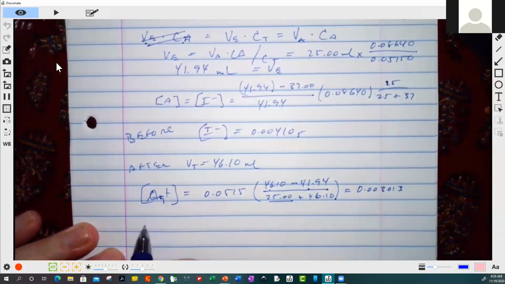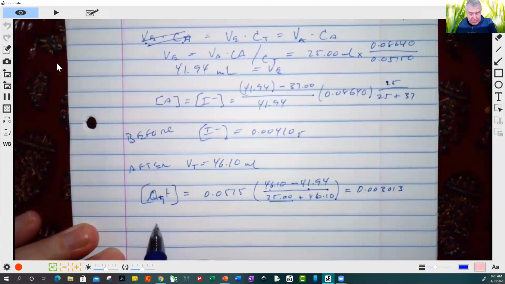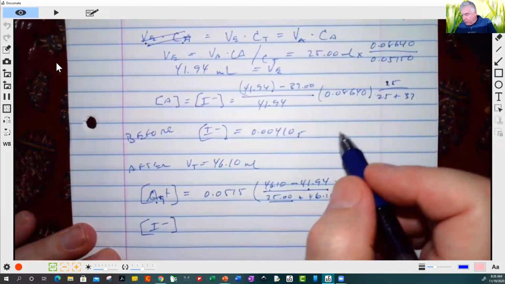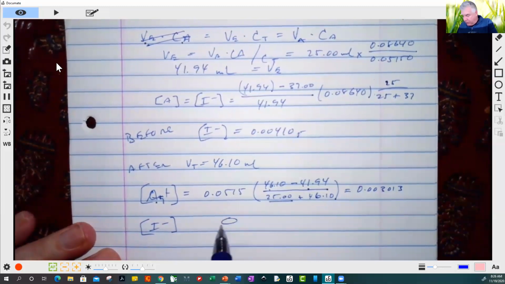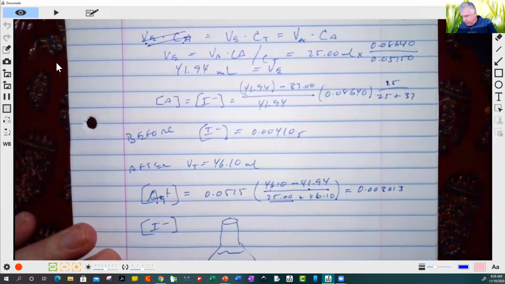Excellent. So now we got the Ag plus concentration, and now we want the I minus concentration. At this point, basically we have this volume and it's full of I minus from sodium iodide. We've added Ag plus so that we've completely titrated, completely collapsed all of the iodide into a solid.